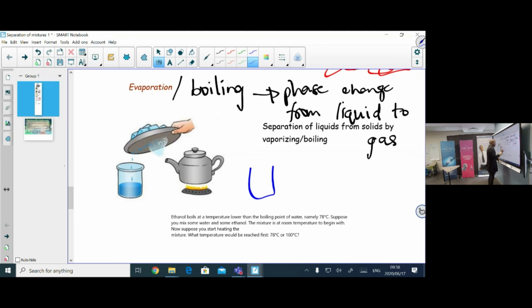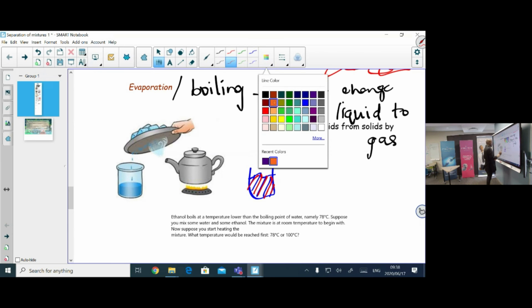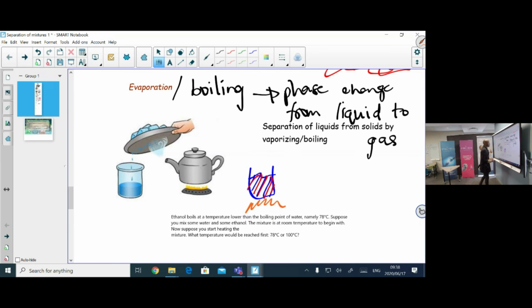Here's our mixture having ethanol and water. So once we put a flame underneath this, what happens? The temperature will start to increase, right?